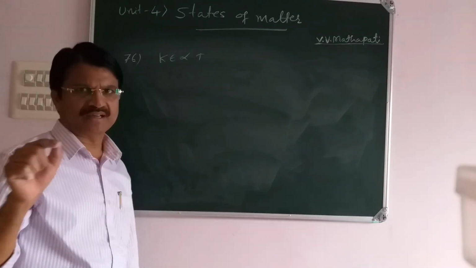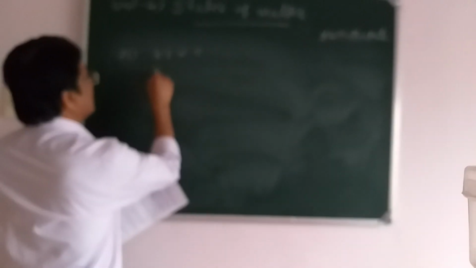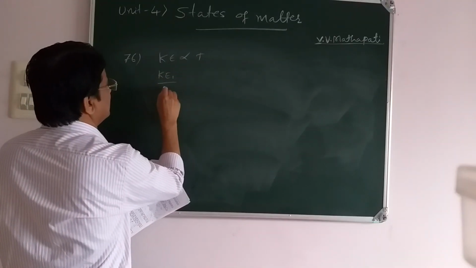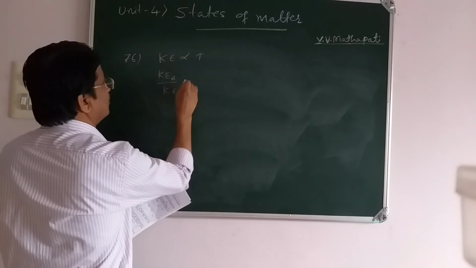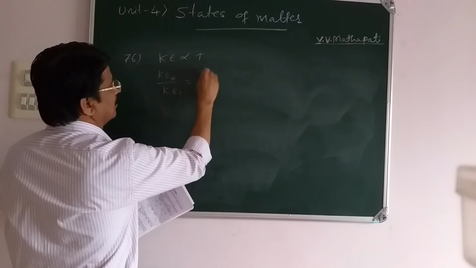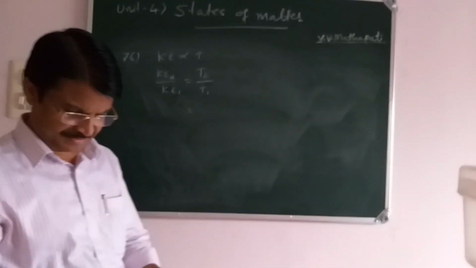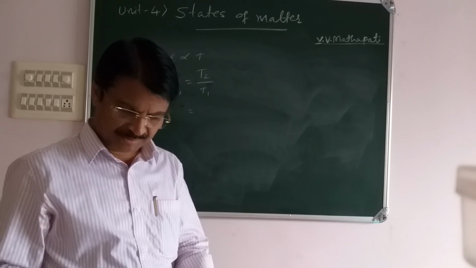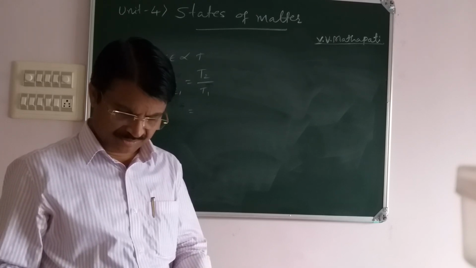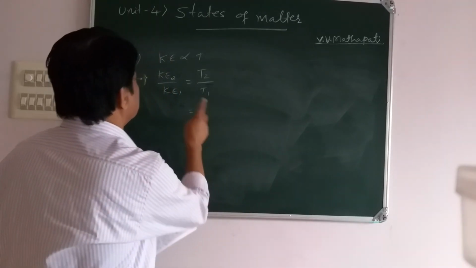3 by 2 nR is common for both the cases. Therefore, we can write KE2 by KE1, higher temperature by lower temperature, T2 by T1. This ratio they are asking, T2 by T1.